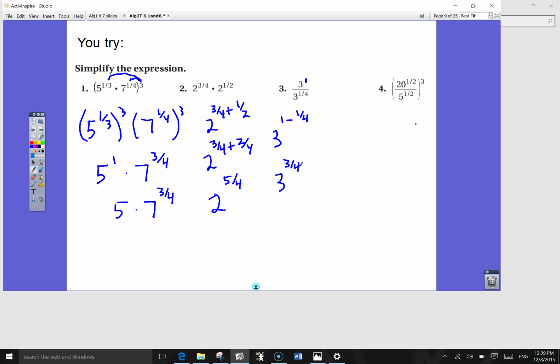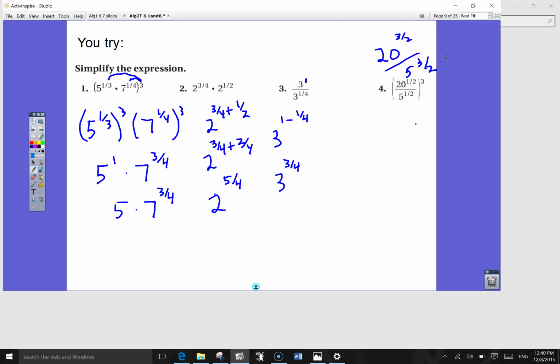And now this last, I could distribute it. I'm going to get 20 to the 3/2 divided by 5 to the 3/2. That's a very messy one, which is fine.